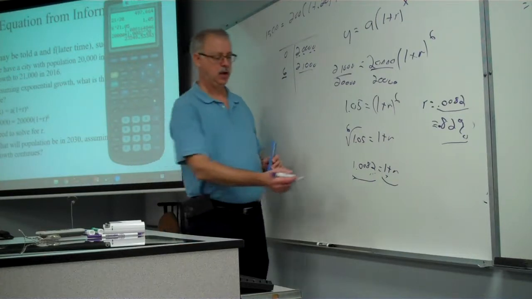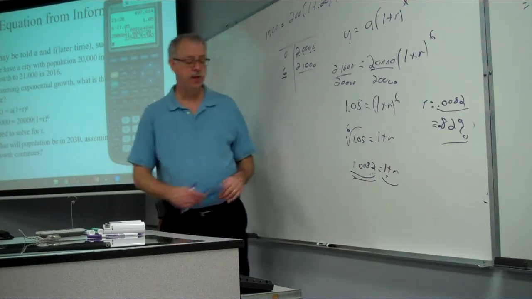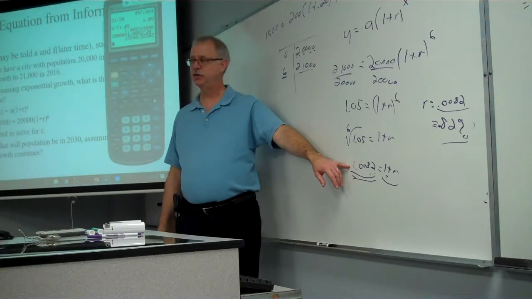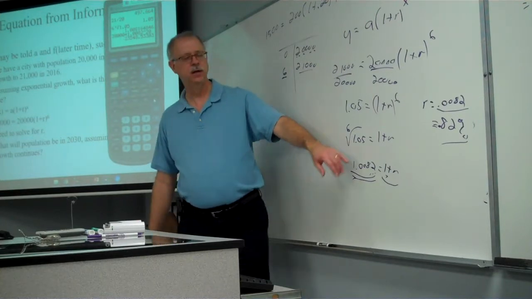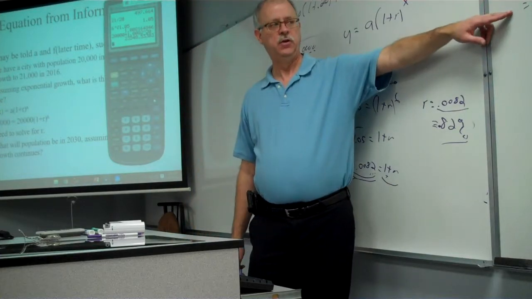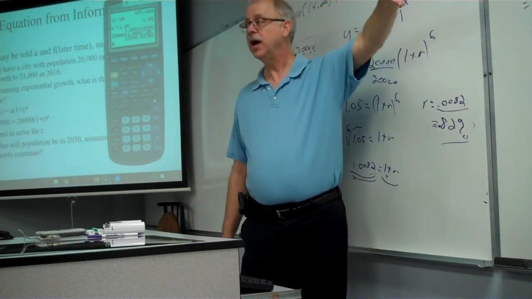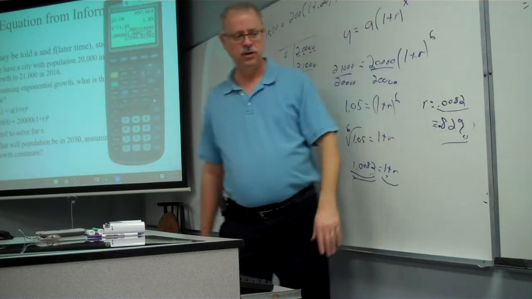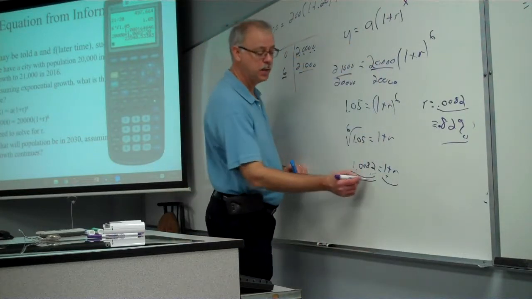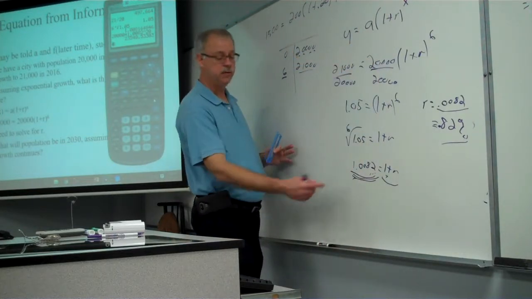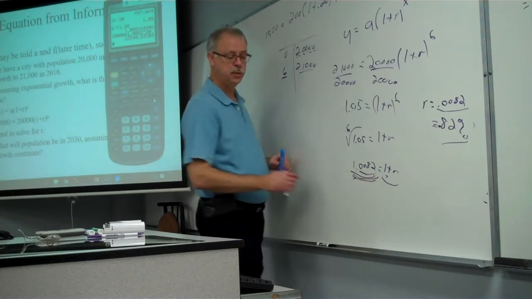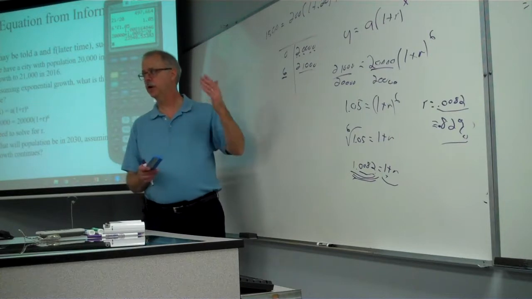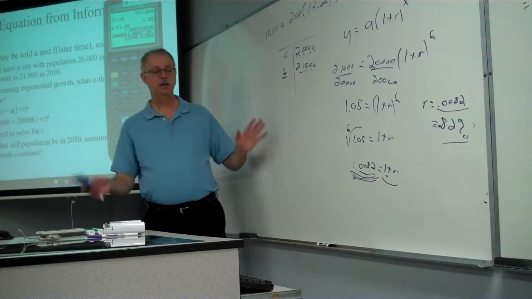A temptation might have been, oh, 1.0082, that just rounds to 1. Well, if you round it to 1, you throw away too much, the population stays 20,000. So we definitely never want to round this just to 1, even if it looks really, really close to 1. The fact that it's a little bit bigger than 1 is what's giving us the exponential growth. So we don't round it there.